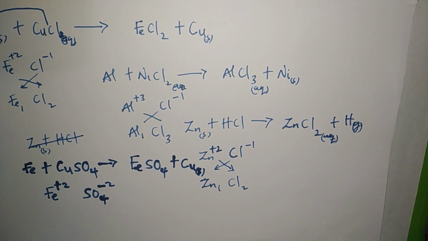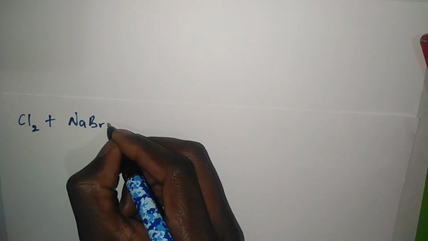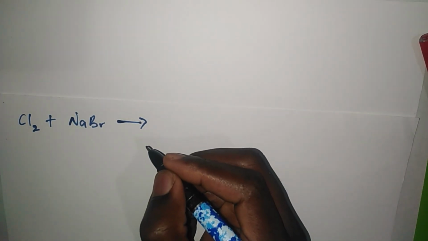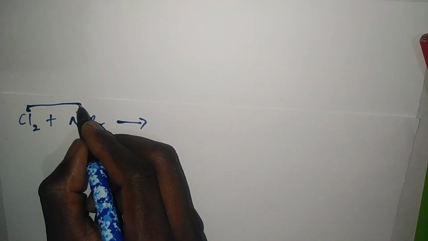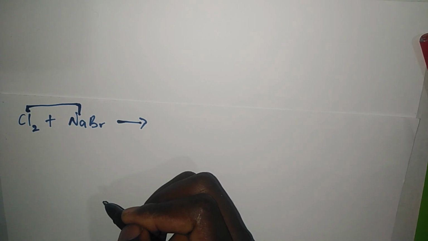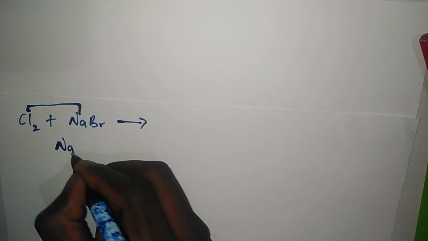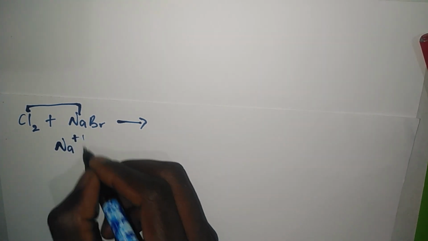So that's it. Let's take another question. Let's say we have chlorine reacting with sodium bromide. How do you predict the product of this particular reaction? Now, chlorine will react with sodium and it will displace bromine, right? So we have sodium. Sodium has a +1 charge.